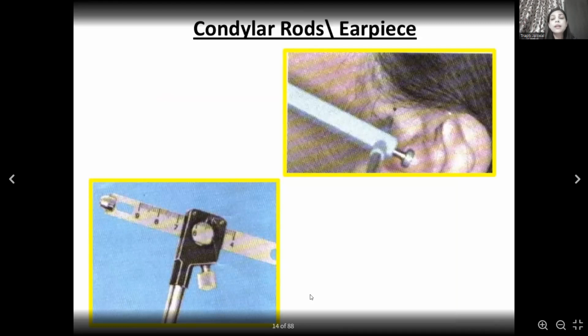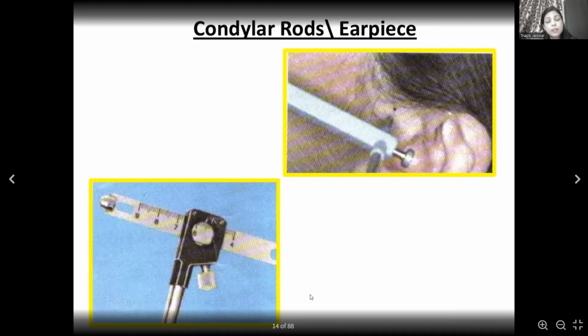The condylar rods are what we use in the fascia type of facebows, and they mark points on the side of the face. They are not inserted into the external auditory meatus. These facebows don't have earpieces; they have condylar shafts which are located on a reference point on the patient's face.